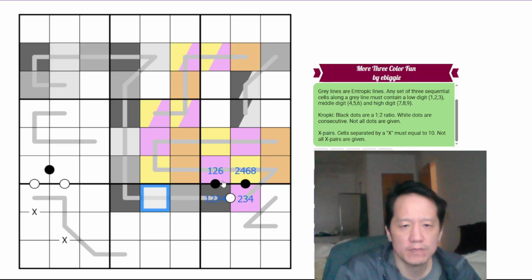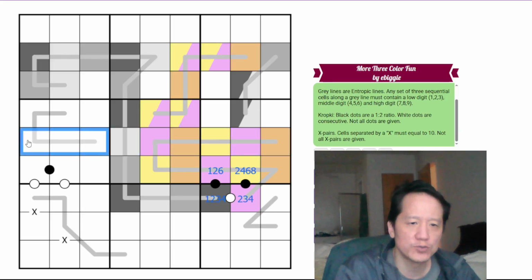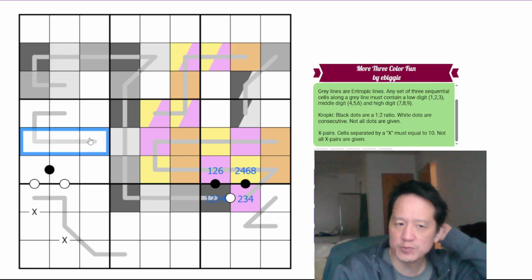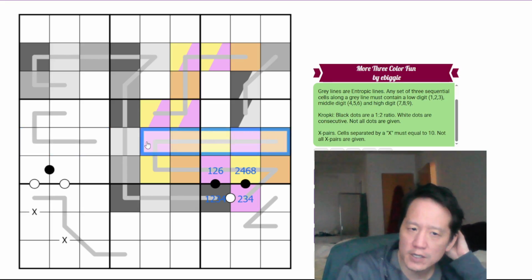Okay. Here, we have 3 cells which are all different because they are consecutive along an entropic line. So there must be one each of the colors. Well, in row 5, we already have 2 oranges and 2 pinks.